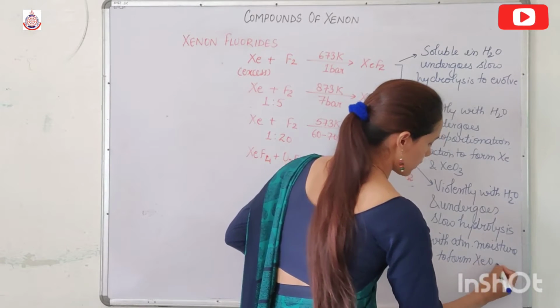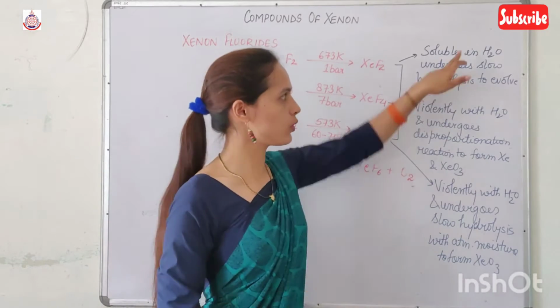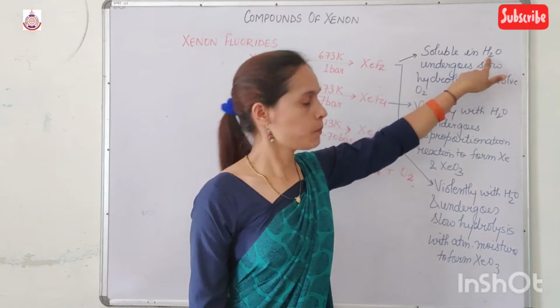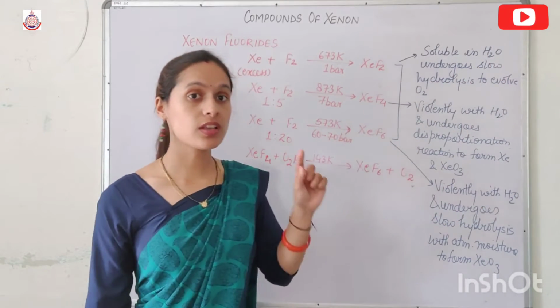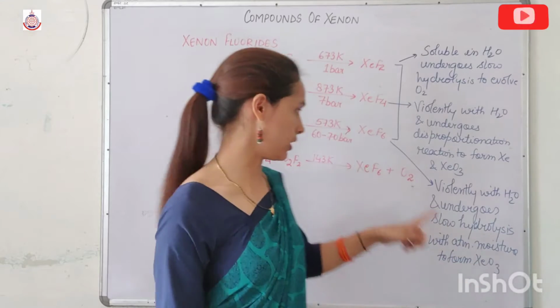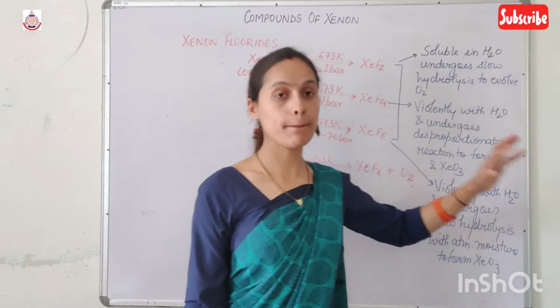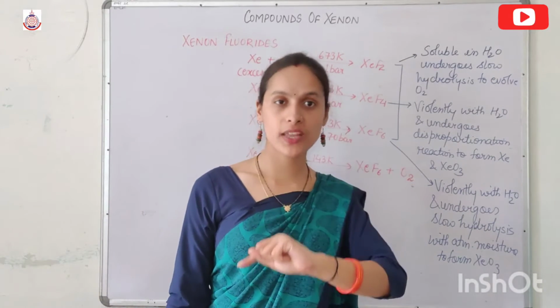So XeF2 is soluble in water and undergoes hydrolysis with the water only. XeF4 violently reacts with water but undergoes a disproportionation reaction. XeF6 also reacts violently with water but slowly undergoes hydrolysis with atmospheric moisture.